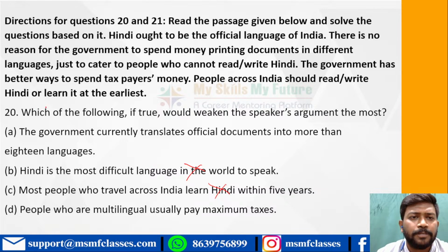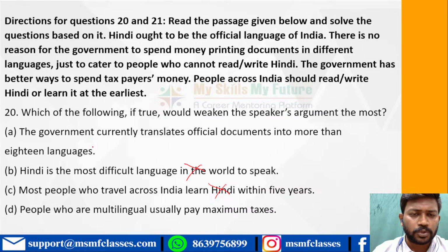So what they are asking for, which of the following lines, if true, would weaken the speaker's argument the most. So in case any of the statements becomes true, the argument of the speaker becomes weak. Which one should become true?